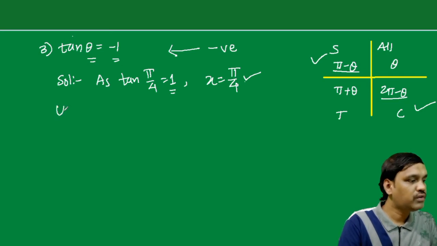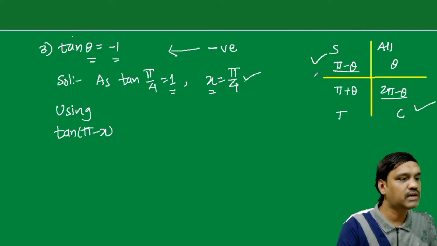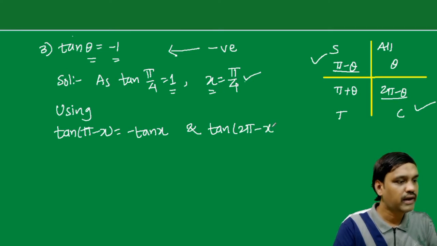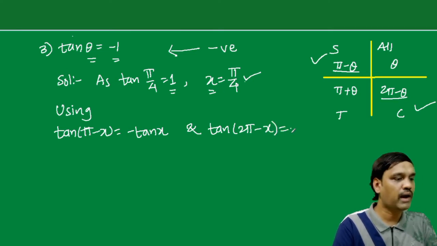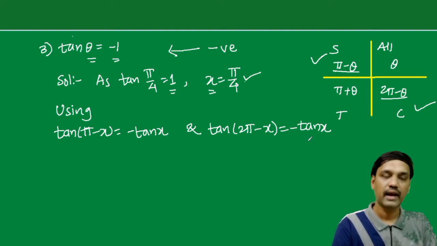Using this variable x, tan of pi minus x is equal to minus tan x, and tan of 2 pi minus x is equal to minus tan x. Why? Because in the second quadrant tan is negative, so it is minus tan x. In the fourth quadrant tan is negative, so it is minus tan x.